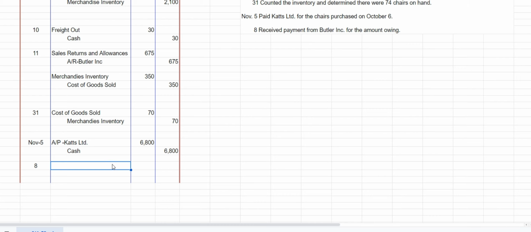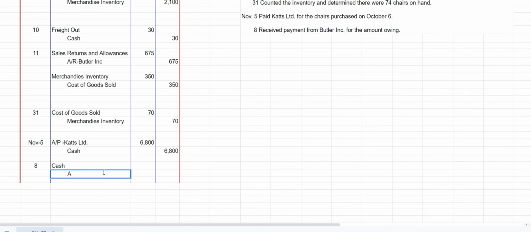Okay, finally, let's do November 8th. Received payment for Butler Inc. for the amount owing. So when you're receiving a payment, cash is going to go up and accounts receivable is going to go down because they no longer owe you the money since they paid it.